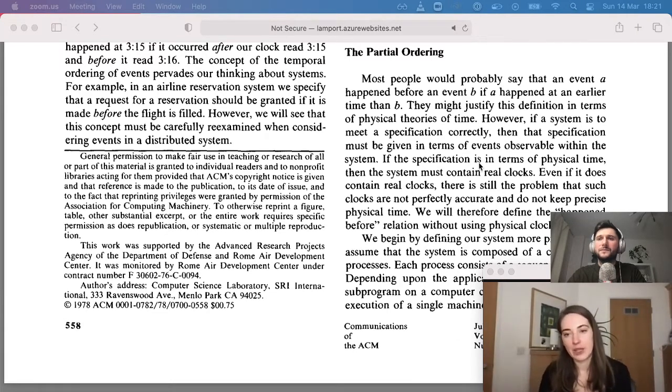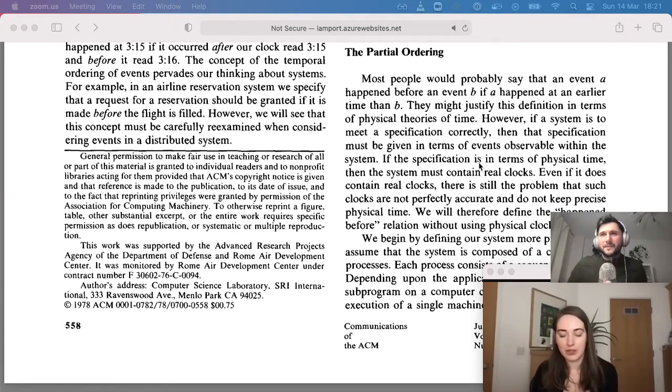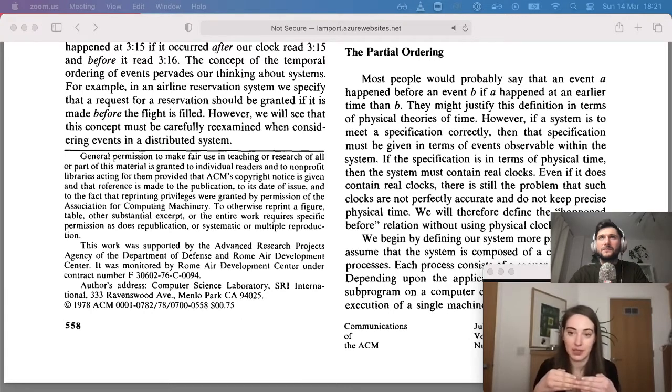So we talk about partial ordering because when you have two systems running two programs, you don't really care at which time things happen, but you do care when they synchronize and when the messages are used together.